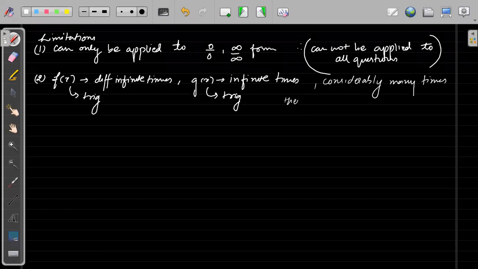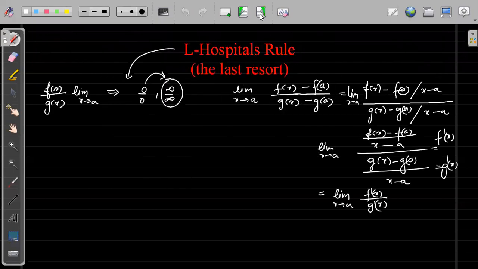We will avoid using it. So these two are the biggest limitations of L'Hopital's rule, and that is the reason why we do not use L'Hopital's rule that much. Okay, fine. I hope these two are okay.